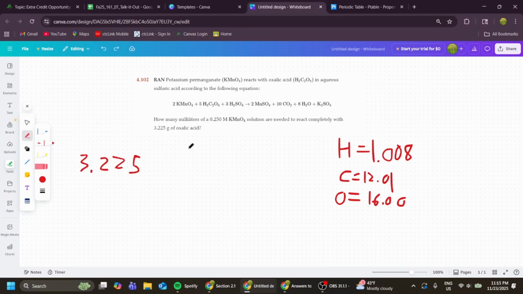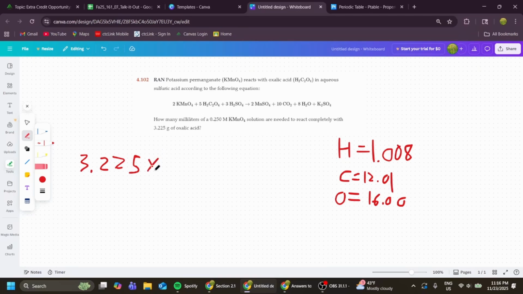So from here we want to try and convert it from grams of oxalic acid to milliliters of KMnO4 solution. So first we need to convert this from grams to moles of oxalic acid.